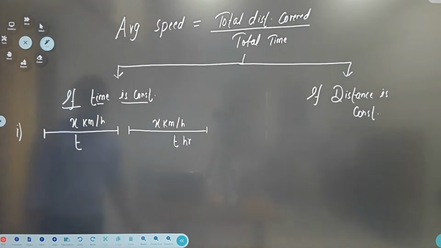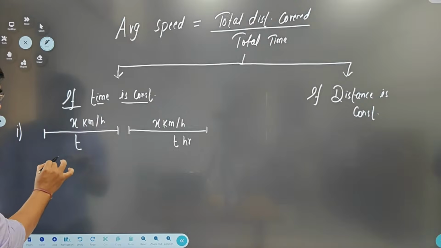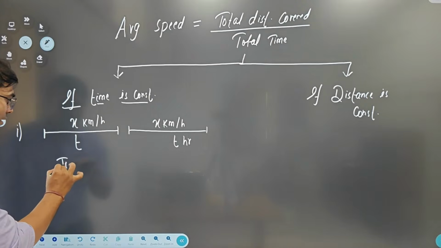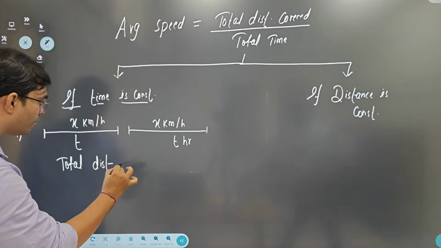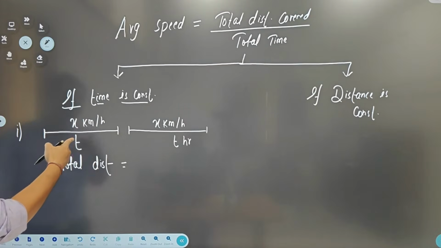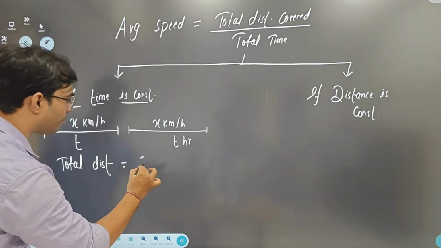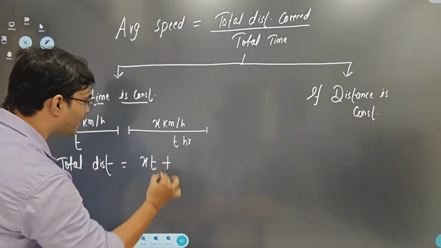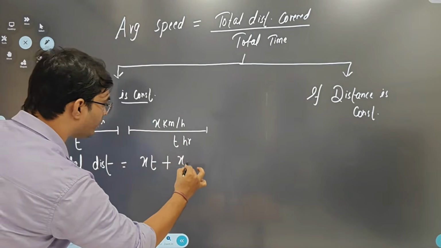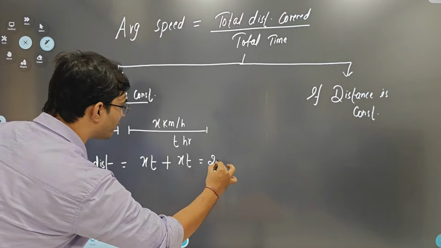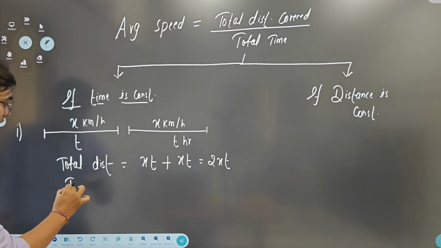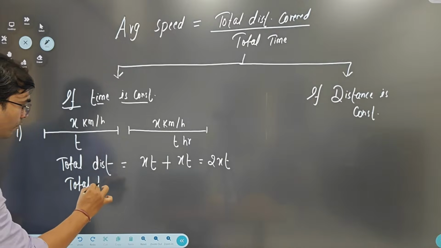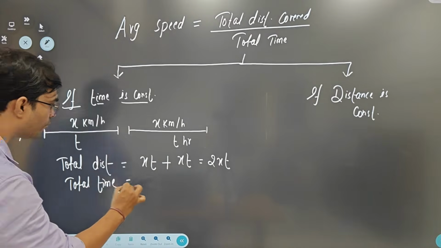Right? Then, in the first case, what is the total distance covered here? Distance is speed into time, so X into T. Plus in the second case, again, distance will be equal to X into T, which is 2xt. What is the total time covered here? The total time will be equal to 2t.